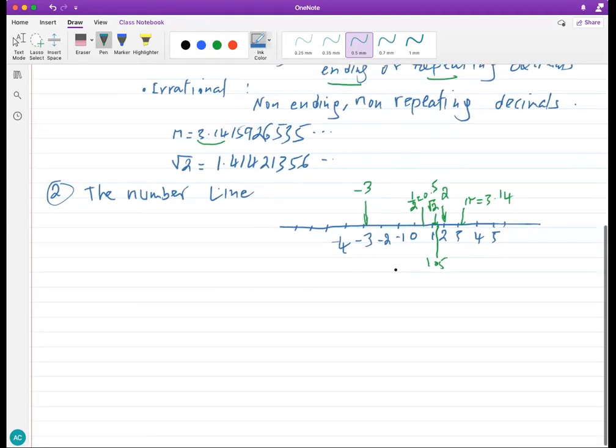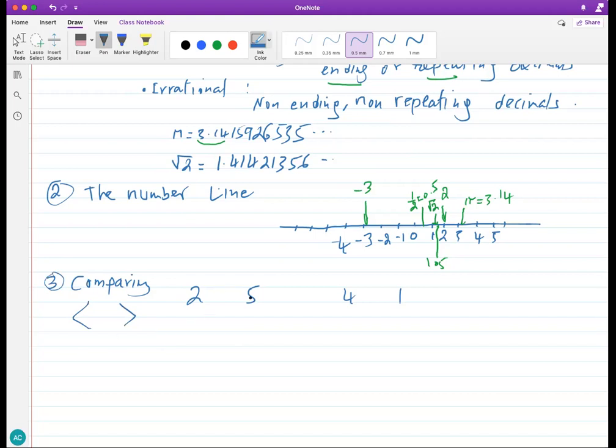Now let's compare some real numbers. When we compare real numbers, we just say which number is higher than the other. We can compare 2 and 5, and we can also compare 4 and 1. We use comparison signs: either less than or greater than.